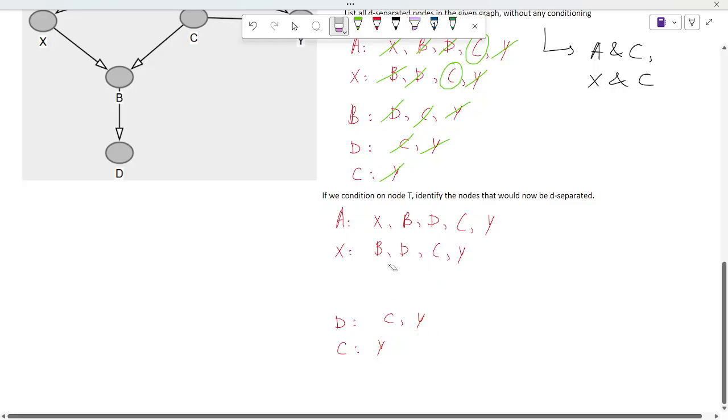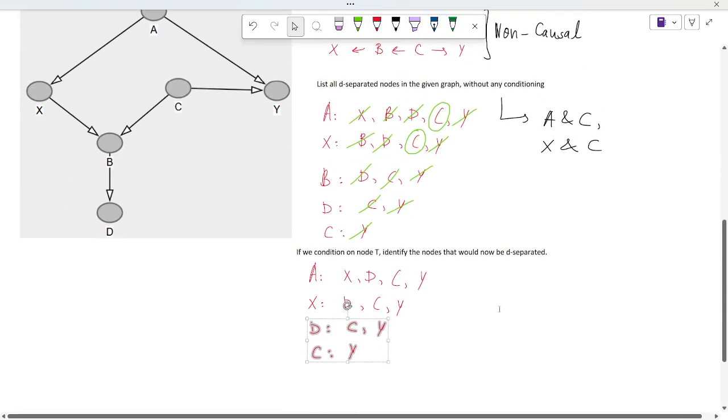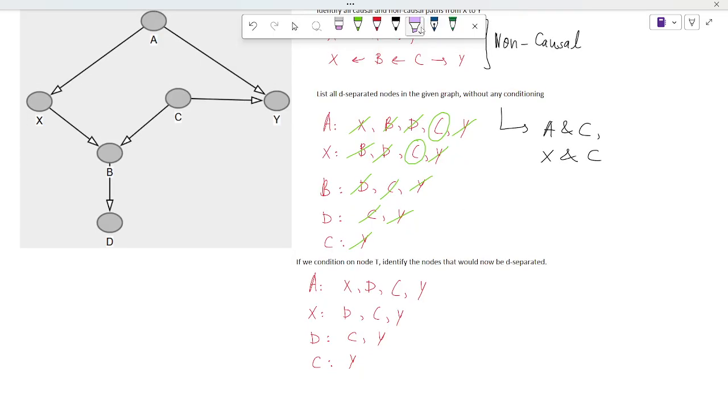So I don't need to check any of these any longer, and I don't need to check any of this anymore. Which leaves me with these nodes only. All right, so with that, let's get started. I'm just going to highlight the node that we have conditioned on. All right. And now let's start checking.